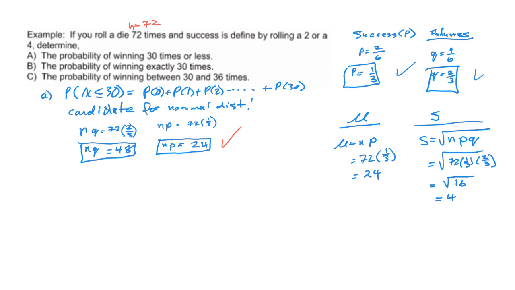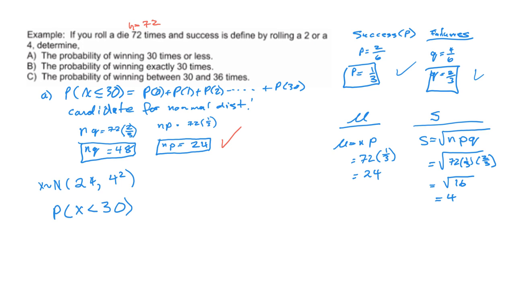So we're going to assume that X is the normal distribution with the following: a mean of 24 and a standard deviation of 4. And so now when we're calculating the probability, you're calculating the probability of X being less than 30.